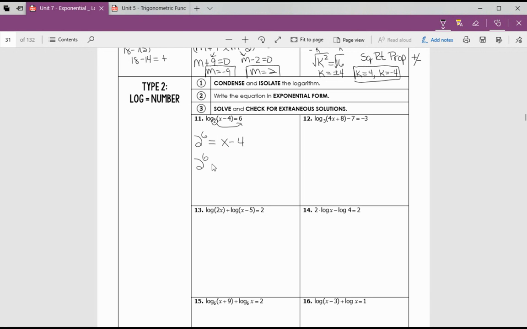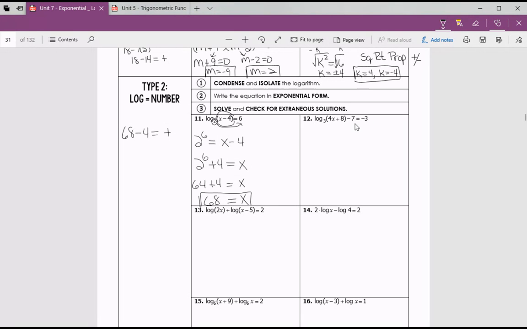Then we're going to add 4 to solve for x, and that is going to end up being 64 plus 4. So x is going to equal 68. Now, when I plug 68 in right here, 68 minus 4 is still a positive number. So I can keep 68 as an answer.